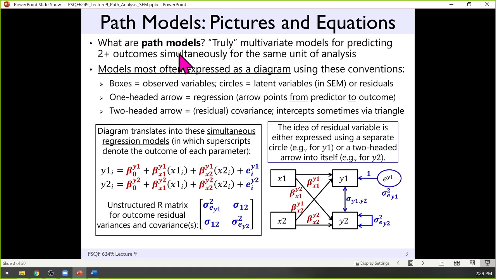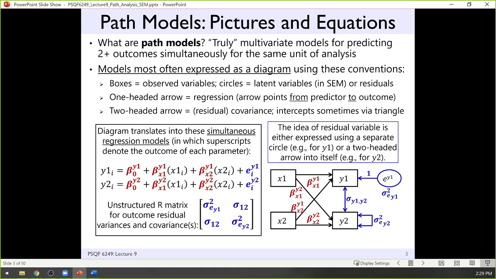Path models are often described using pictures, which is great. Less often described using equations, and so I want to try and link these together. You already know the conventions. Boxes are things that are for real. Circles are things that are pretend. And by pretend, I mean estimated by the model as a latent variable or as an error term.